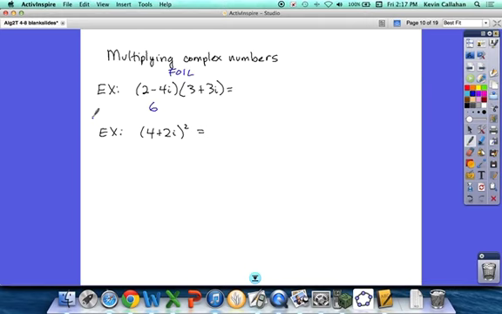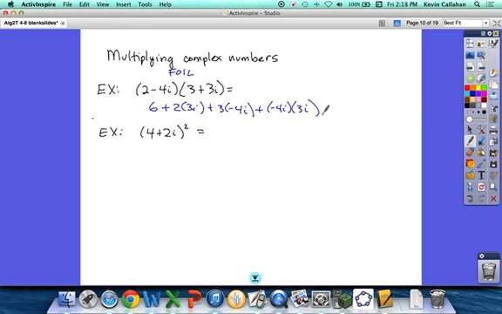The next term, the outer terms, will be 2 times 3i. What do you think is 2 times 3i? It'll be 6i, right? And then the next term will be 3 times negative 4i. And then the last term will be negative 4i times positive 3i.